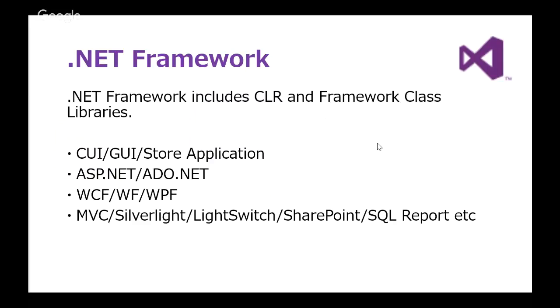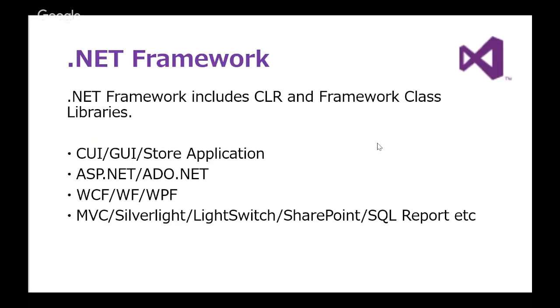.NET Framework. So what is .NET Framework? .NET Framework includes the CLR and the framework class libraries. As I already mentioned, CLI is the interface and CLR is the actual implementation. Then .NET Framework contains, of course, the CLR because we need to run the program, as well as other framework class libraries. It also comes with different flavors of library depending on what kind of program you are doing.